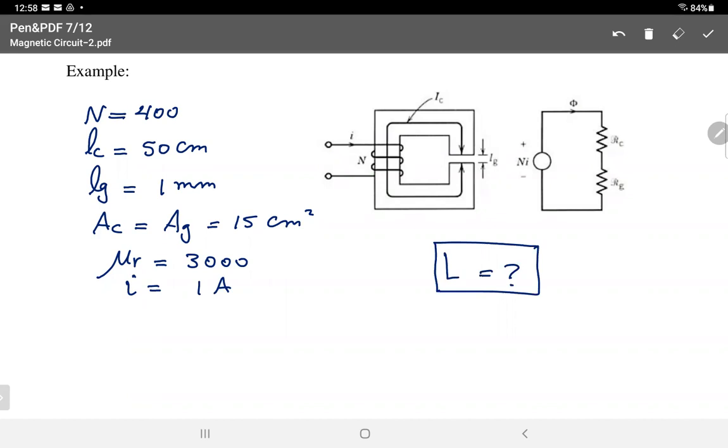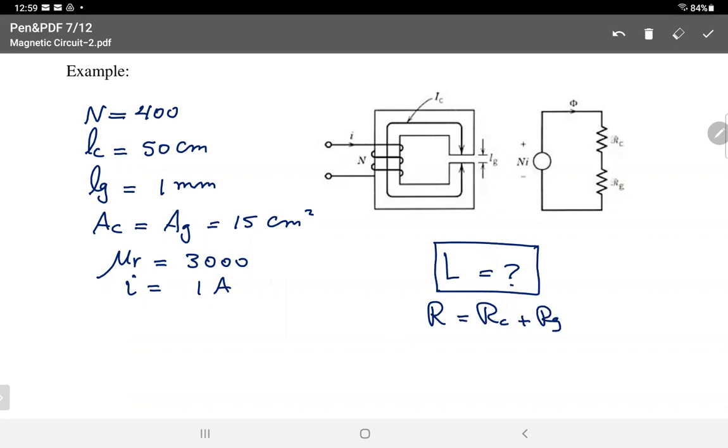As you know, to find L, you have to find the reluctance first. I gave you already that this system will have two reluctances, one for RC, one for RG, and when you add them, you get the total reluctance.